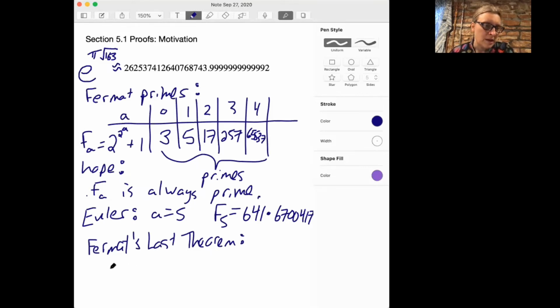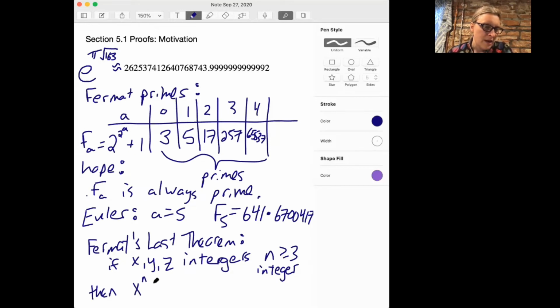So the idea is that if x, y, and z are integers, and n is an integer greater than or equal to 3, then x to the n plus y to the n equals z to the n is only possible if one of the 3 is 0, which we can summarize by saying x, y, z is 0.